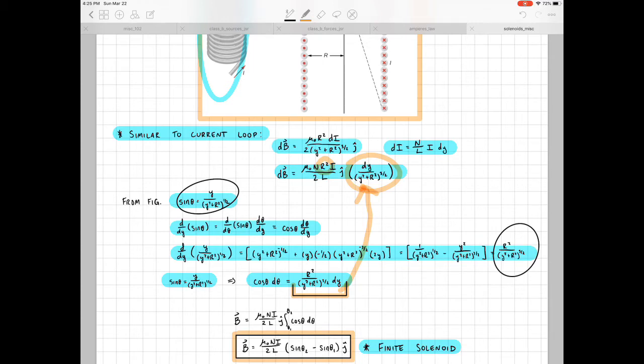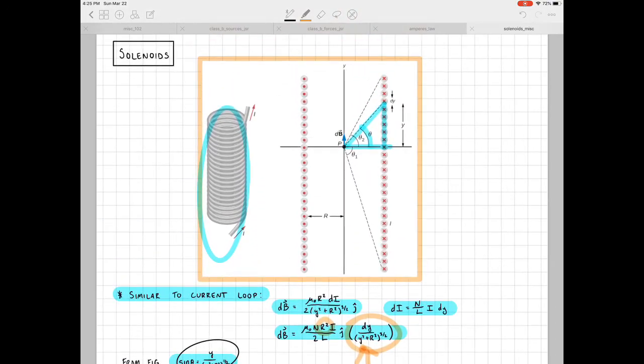And if you look at the picture here, when we go to do the integral, theta is going to range from theta 1 to theta 2, depending where you are on the central axis. Those angles will be whatever the angle needs to be to get to the end of the solenoid.